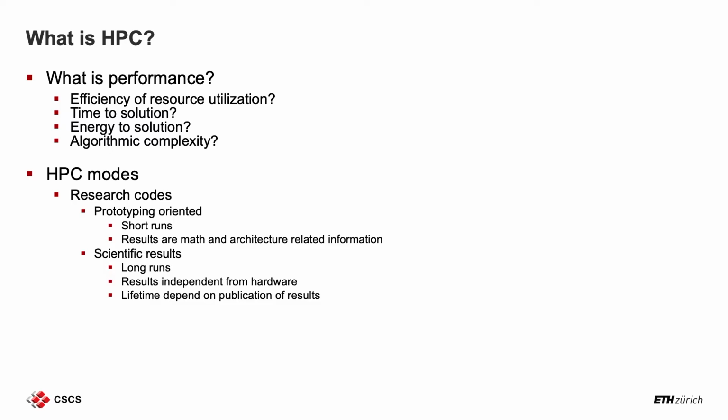Some research codes are actually not oriented to understanding how the architecture is used, or the convergence or the mathematics, but you really need to simulate something. You want to run a simulation of a very complex system, and you write the code for it, and then you do your simulation. In that case, what you really care about is having long simulations.